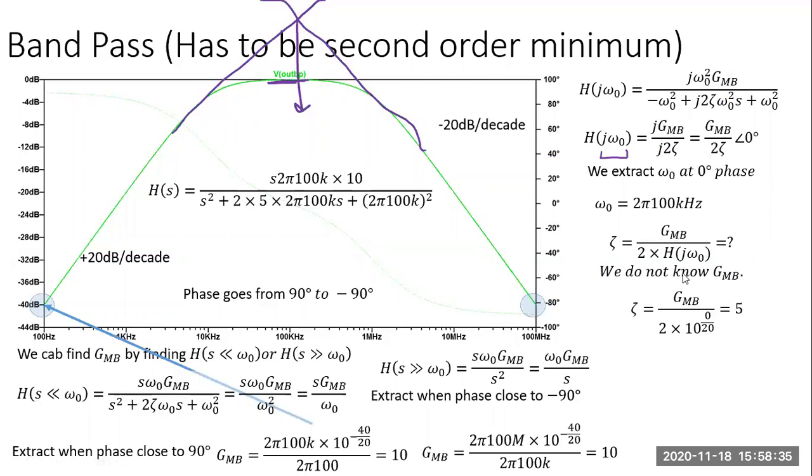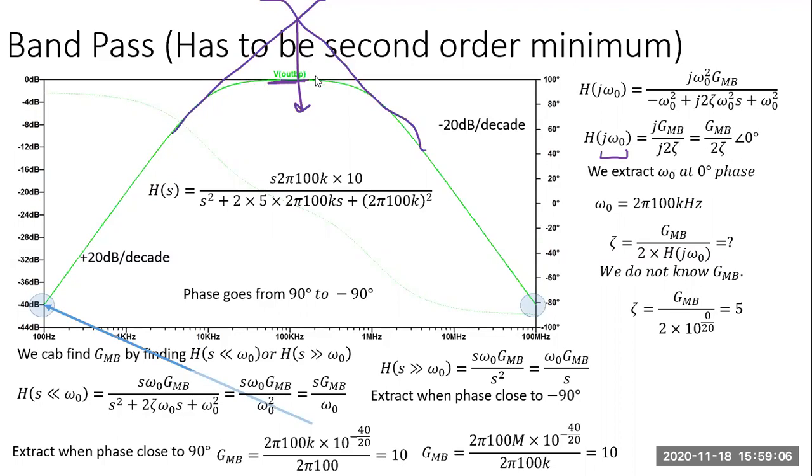So you don't really know the midband gain, and you don't know the damping coefficient. If you look over here, s times omega naught times midband gain, so yes, you know omega naught, but you don't really know these two things.